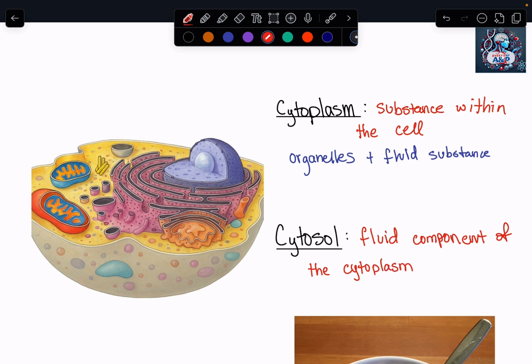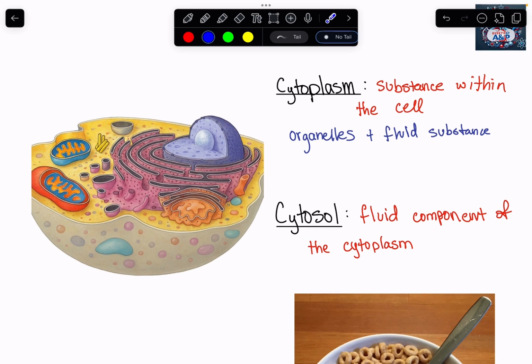So if we wanted to put this in a hierarchy, cytoplasm would come first because it has everything within it. And then if we wanted to go down to a more distinct definition, or a smaller category, we would have cytosol, which is just the fluid that we would see in between all these organelles and different proteins that we would see within the cell.